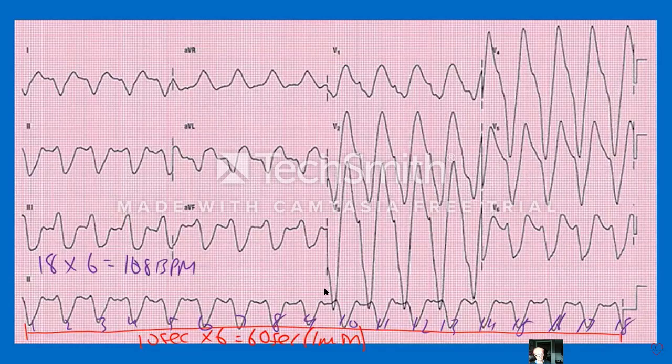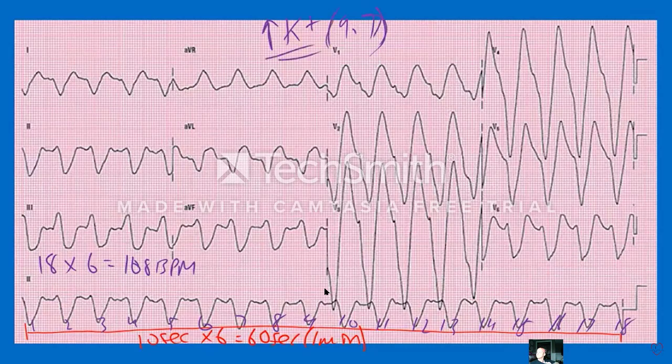Whenever you have a wide complex tachycardia, you should treat it as you would ventricular tachycardia, or VTAC, until proven otherwise. And make sure to look out for hyperkalemia, because actually this patient's wide complex tachycardia was a result of hyperkalemia. The potassium level in this patient was actually 9.7, so quite high, right?